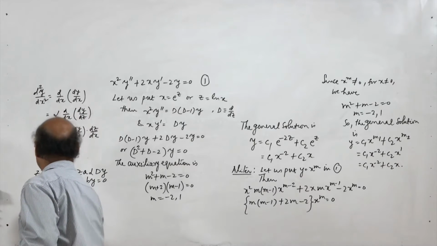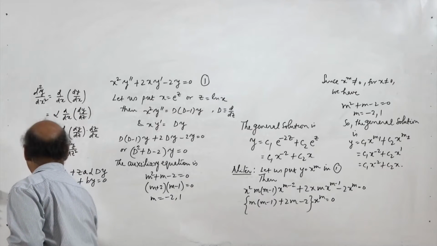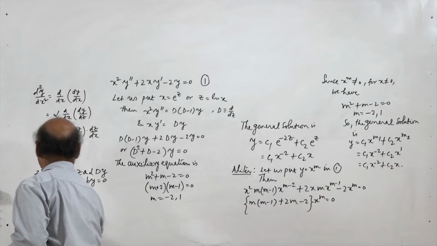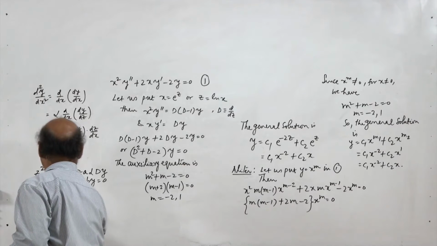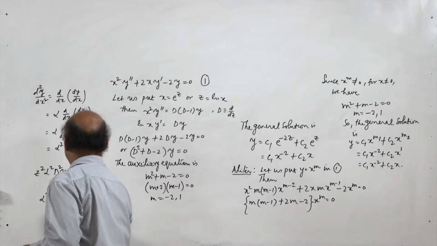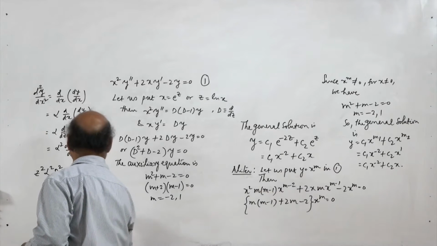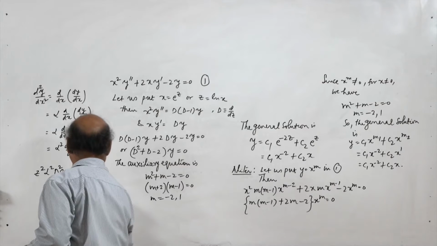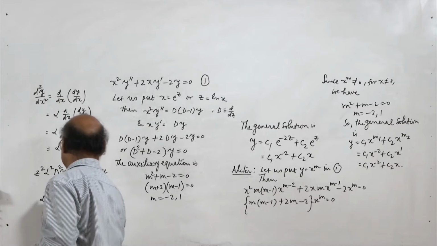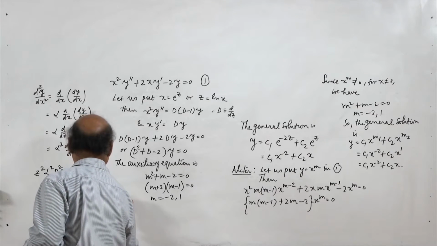Or we can say this is nothing but alpha square z square d square plus a alpha z d plus b operating on y equal to 0.